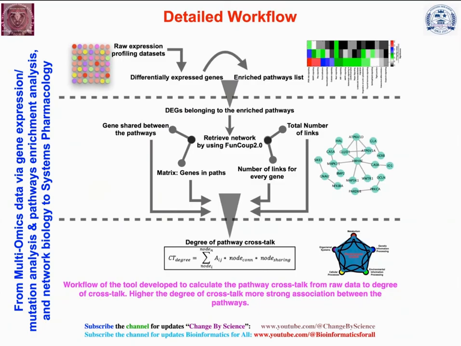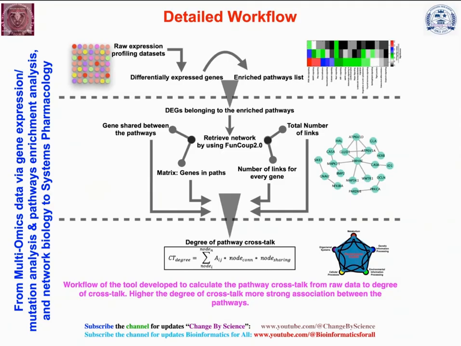So in the workflow, here you can see clearly, in case of gene expression analysis, when you receive the raw expression files for different data sets, then you go for its analysis to convert it to the real gene expression value, or if it is for the mutational purpose, then you go for the prediction of the genes with different types of mutations. Then you go for differentially expressed genes or differentially mutated genes, and finally to their impact on the pathway or pathway enrichment analysis.